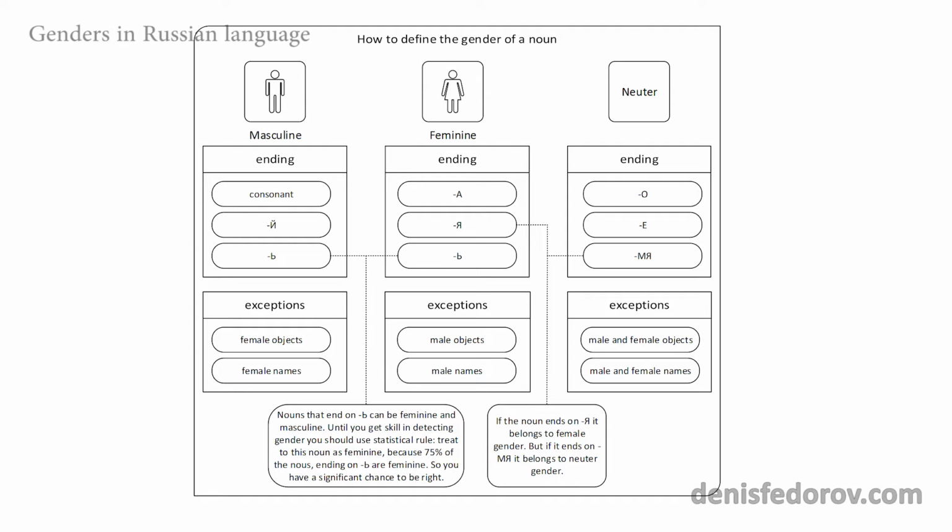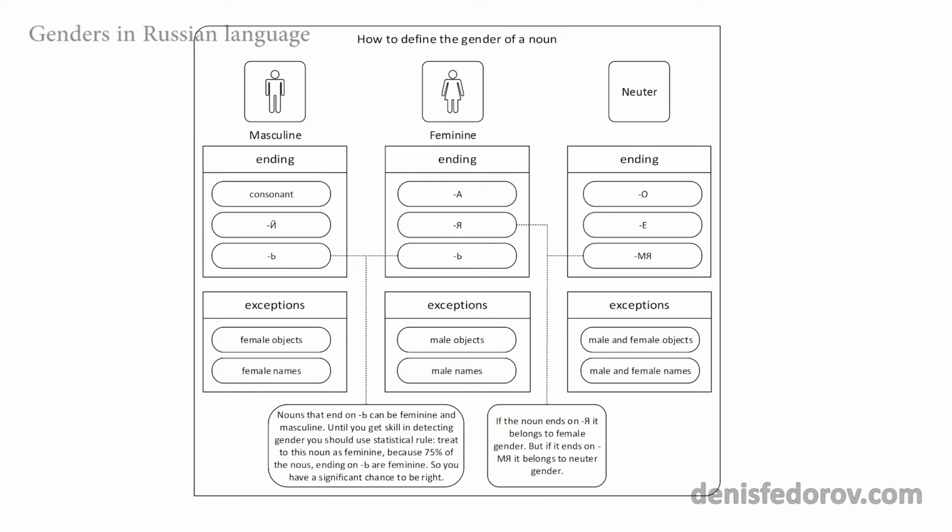However, to this rule there are exceptions and specifications. For all genders, the exceptions are the same. They are names and objects. First, about names. Actually, if the name is a female name, it means that it has feminine gender. If the name is a male name, it means that its gender is masculine.